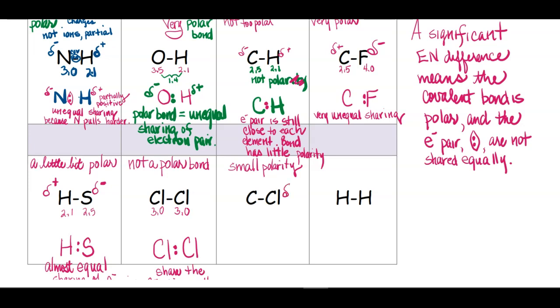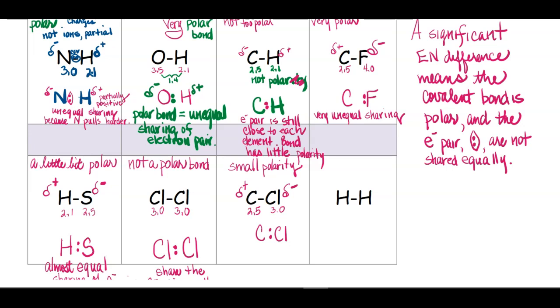This guy would be the negative one at 3.0. And this time carbon would be partially positive. All right, small polarity. And the bond would be closer then to chlorine, wouldn't it? Yeah. But not right on chlorine because this has small polarity.